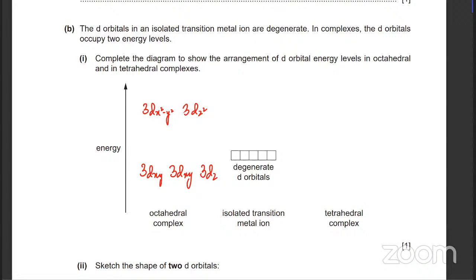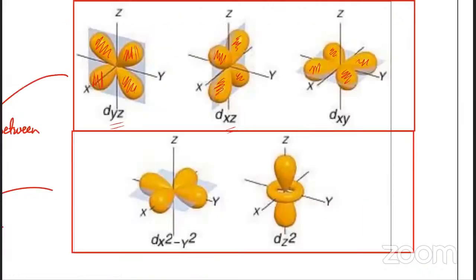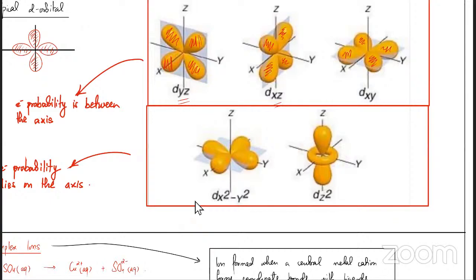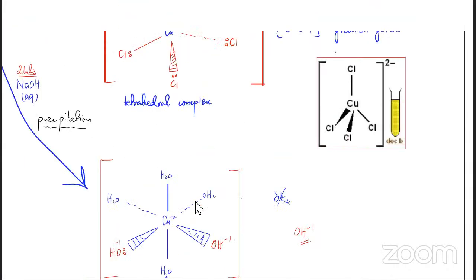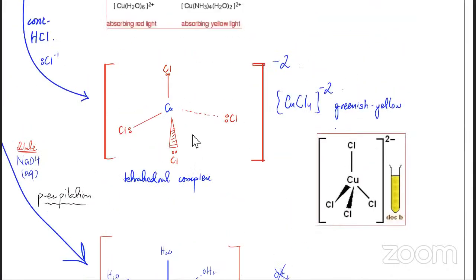And what happens in a tetrahedral complex? In a tetrahedral complex, it's the opposite story. The ligands are not approaching on the axis, so it becomes harder to keep electrons between the axes.